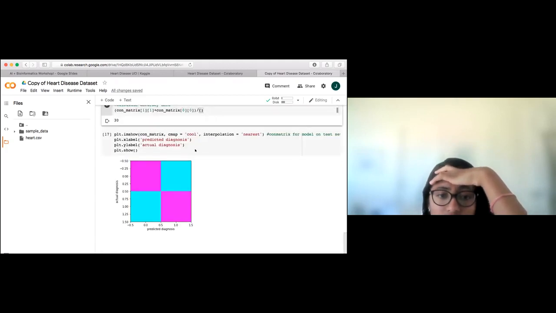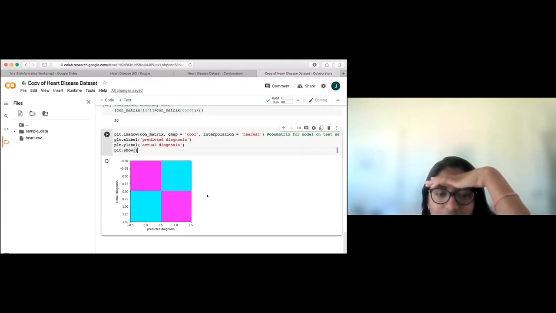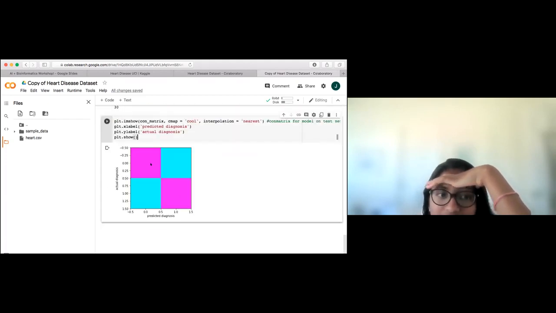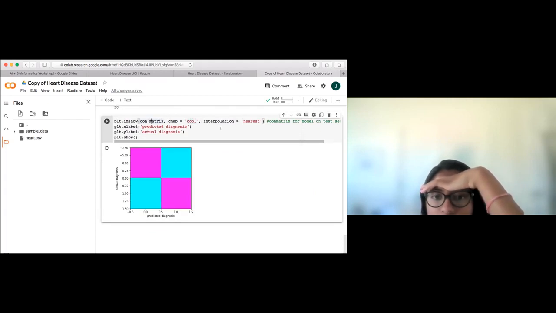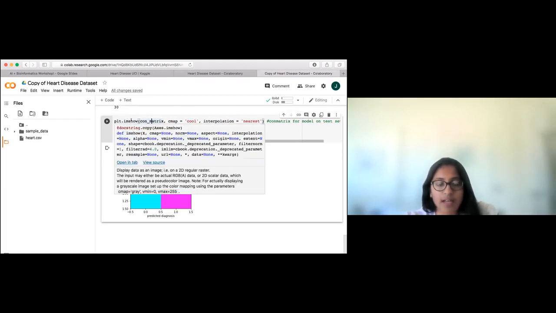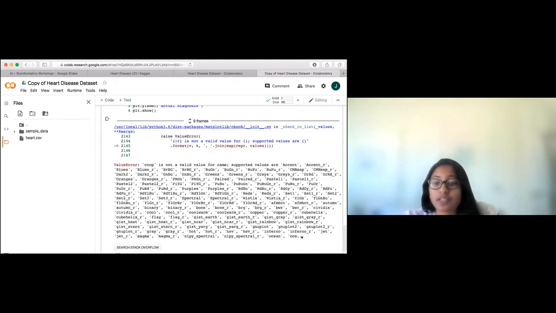Then over here, if you want to view the results but make them prettier, you can have a colored confusion matrix, which is basically the same thing as this, just in a pretty color. This is how you do it. Use PLT, which is a Python library that allows you to graph things and make them pretty. Then you can choose different colors. I chose cool, but say I mistype it, it gives you a list of all the colors you can choose, and there are a ton.